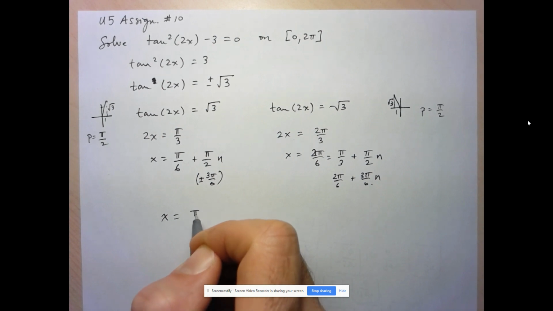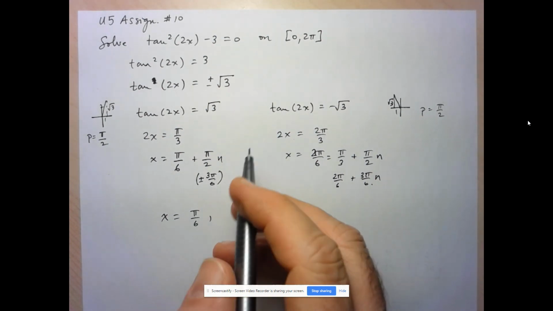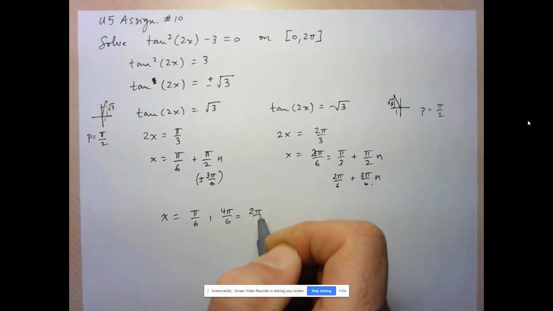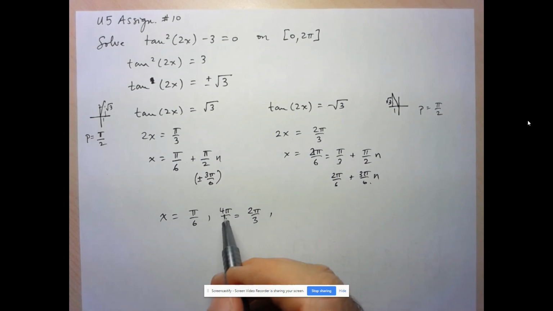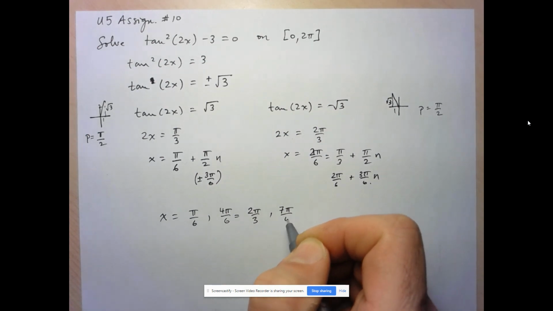So here we have pi over 6. Here we have pi over 6 plus 3 pi over 6, which is 4 pi over 6, which of course is 2 pi over 3. If we add another 3 pi over 6, we're going to end up with 7 pi over 6.